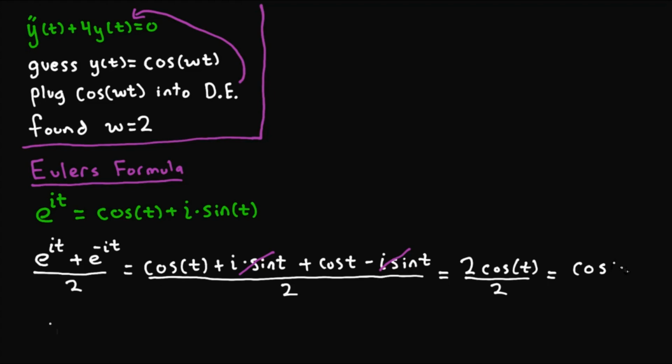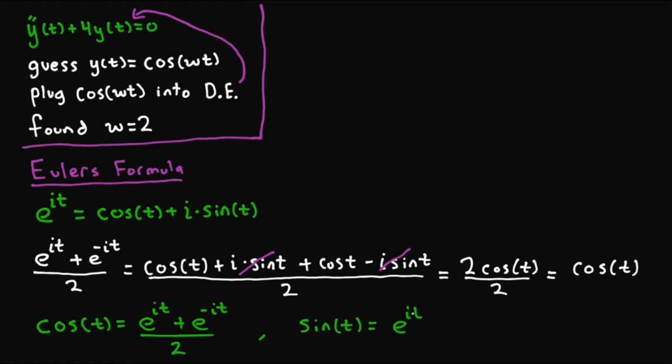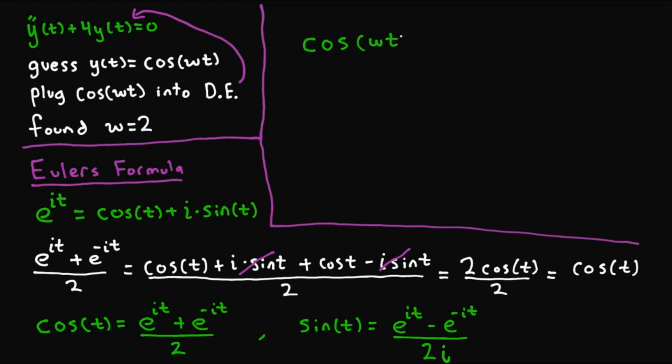We end up with the following formula for cosine of t, which is e to the it plus e to the negative it over 2, and sine of t is equal to e to the it minus e to the negative it over 2i. In general, we have cosine of omega t is equal to e to the i omega t plus e to the negative i omega t over 2.